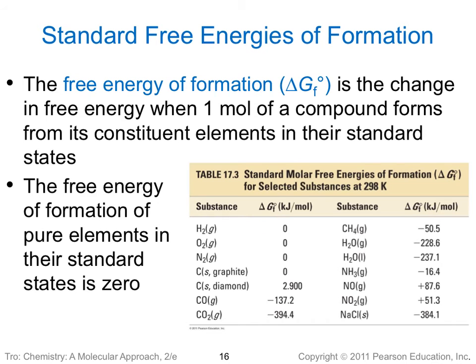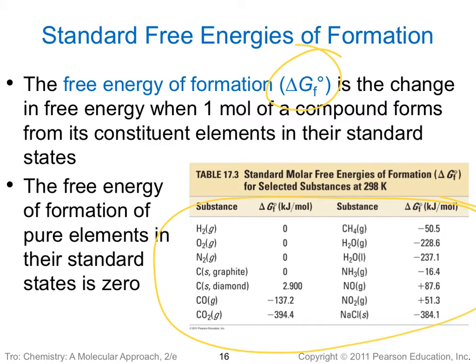So we can also do these standard free energies of formation. And you've seen that in our delta H and delta S discussions. So we've got delta G of formation, and you get the little zero there. And so these are all of the standard molar free energies of formation for all these different elements.